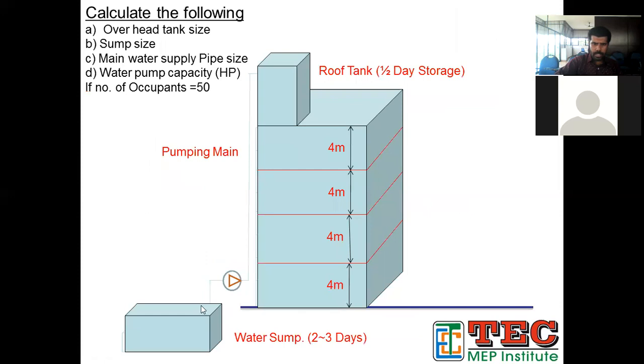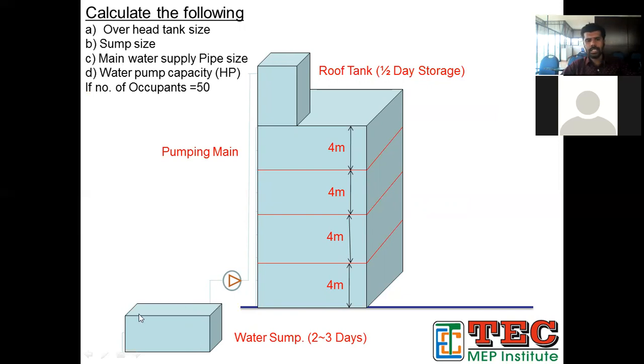So let's see. Just imagine this is 1.2 meter height. This will be 4 plus 4 plus 4 plus 4, 16. And this, just imagine this is a 1 meter height. So the suction means 1.2 meter.